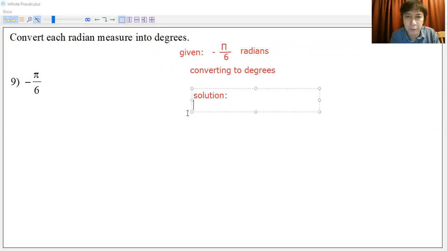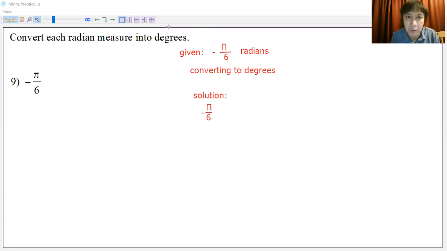For our solution, we start with the given. This is pi over 6, and this is supposed to be negative, so we put a negative sign in front, and then the fraction symbol.